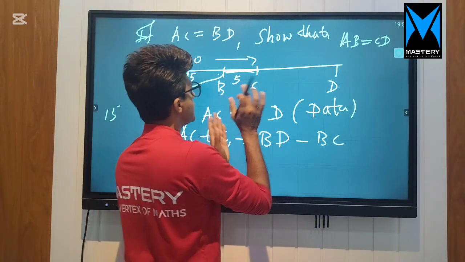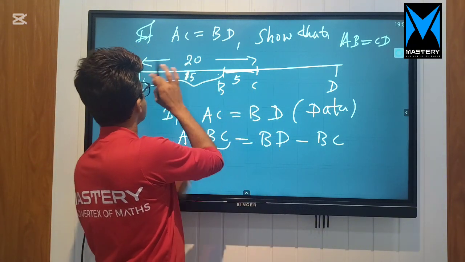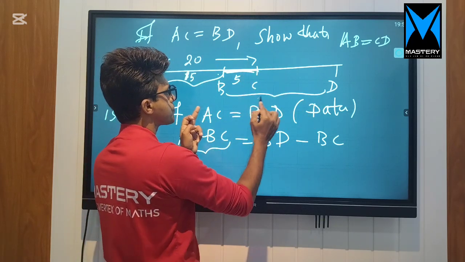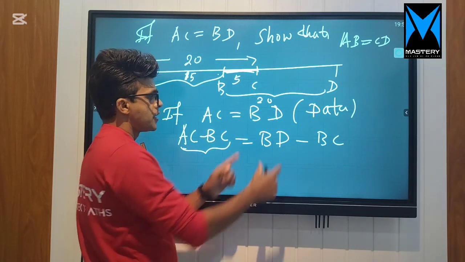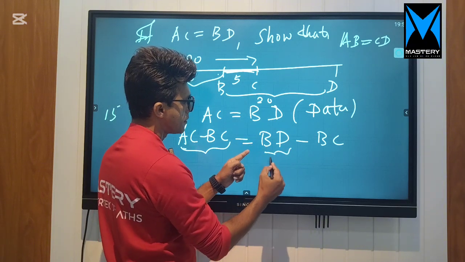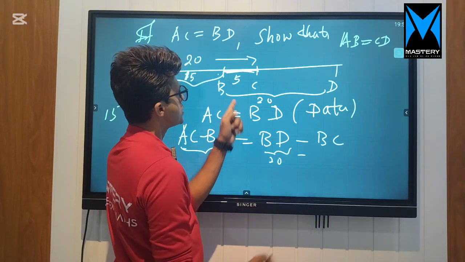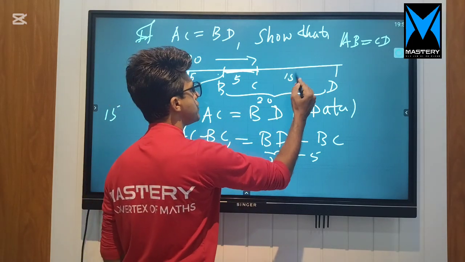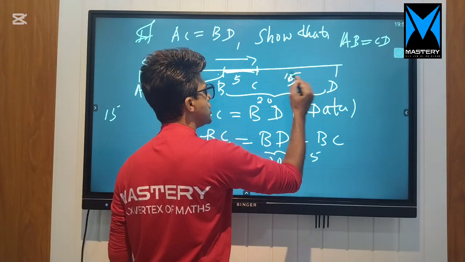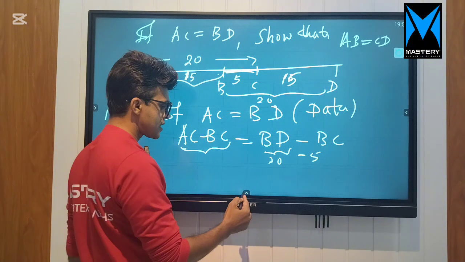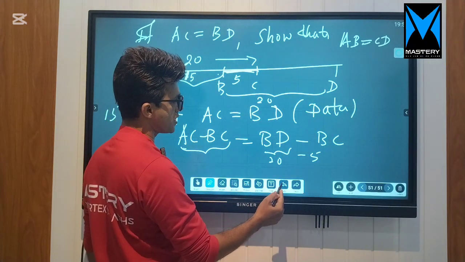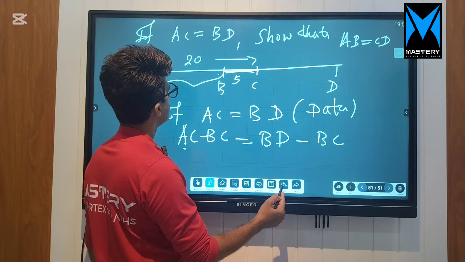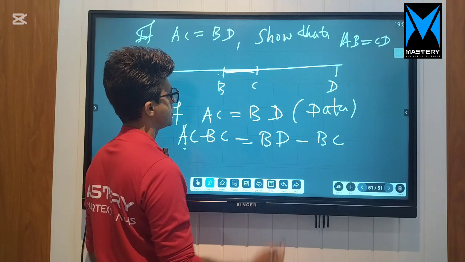Then it is given that AC equals BD. If AC is 20, then BD is also 20. BD is 20 here and BC is 5, so 20 minus 5 is 15. Here 15, here 15. Why did I give these values? So that you can understand. There is really no need to give these values; generally values are not given.